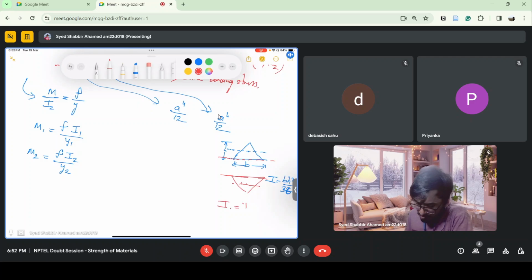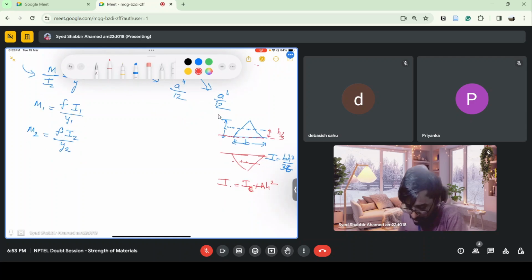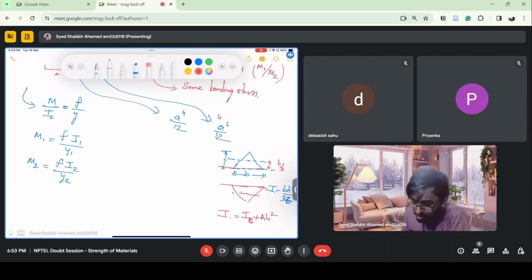I1 is equal to IC plus A into H square, where H is this distance, which is generally H by 3 from the base, since the centroid is present at a distance of H by 3. So you can use this and get the value for the top and bottom sections, and sum them. You will see that this is equal to a power 4 by 12.